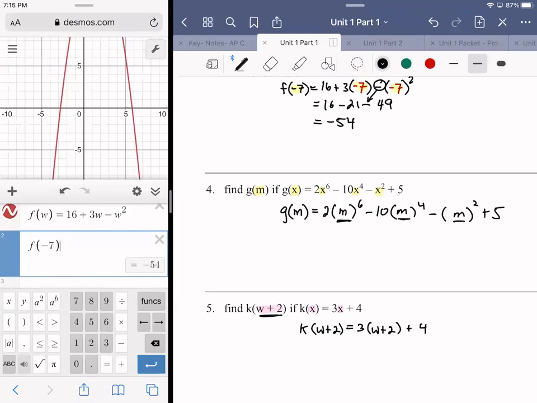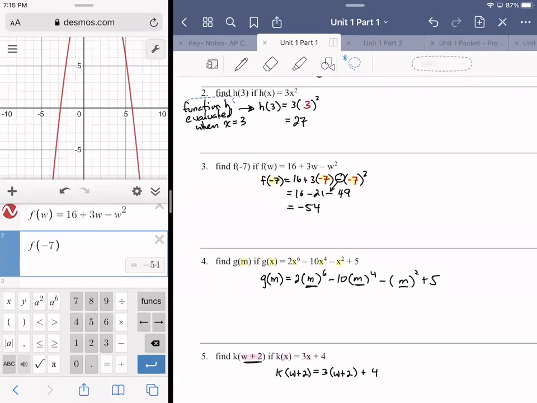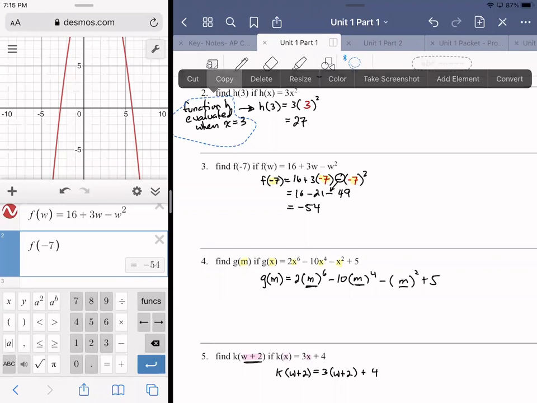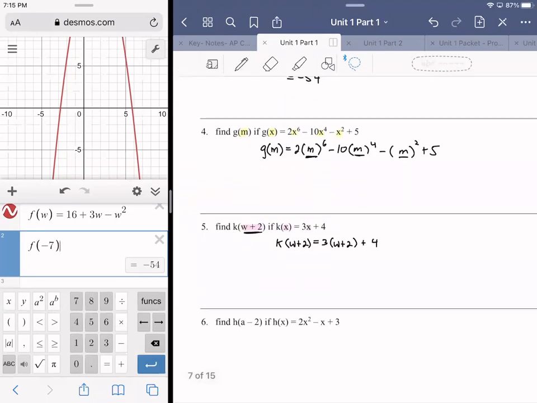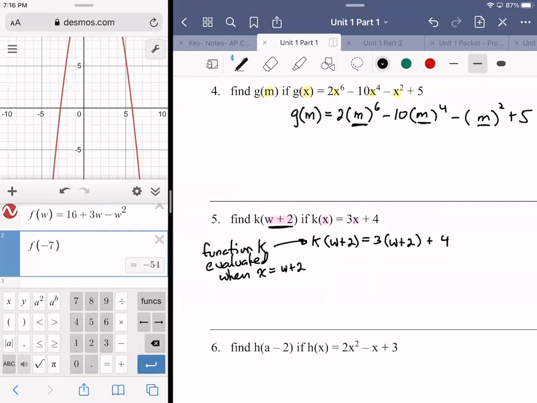So now we have this expression. And again, just going back to what I wrote before, I'm going to take this and copy and bring it down. The left-hand side is notation. All right. So this is saying function k evaluated when x is, I mean, it's not just a simple number anymore, when x is equal to w plus 2. So what we're saying is that there's an additional relationship.